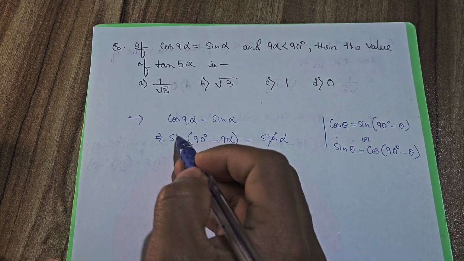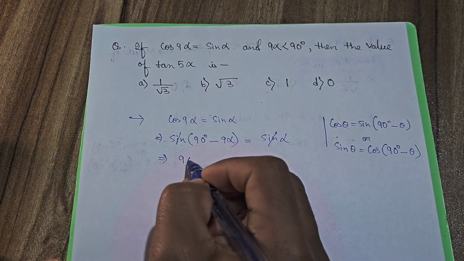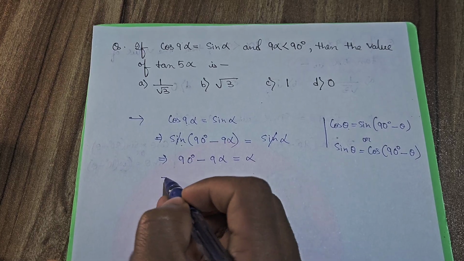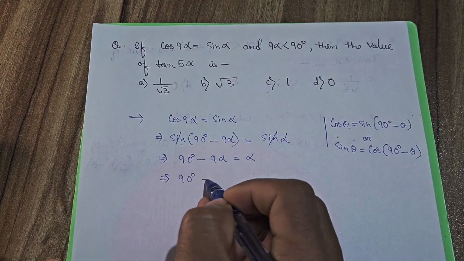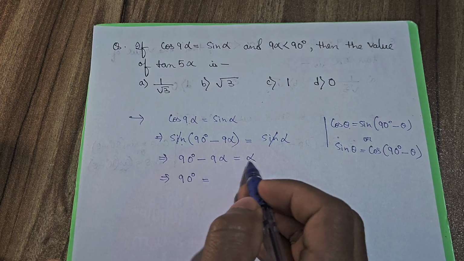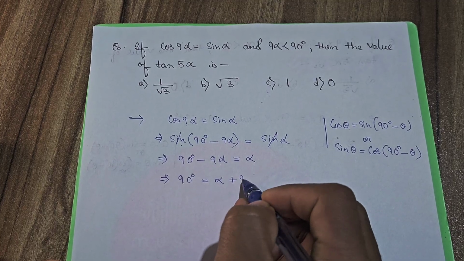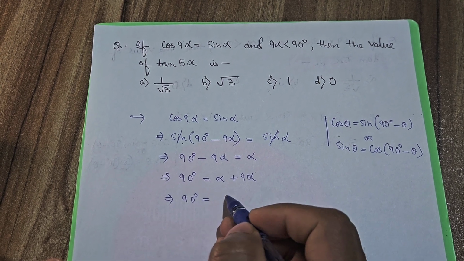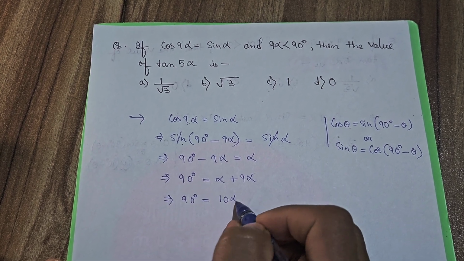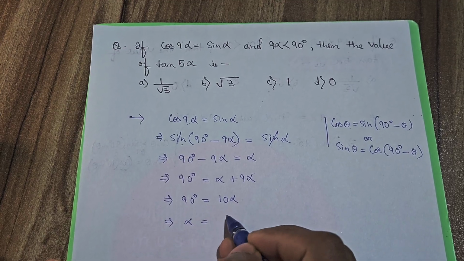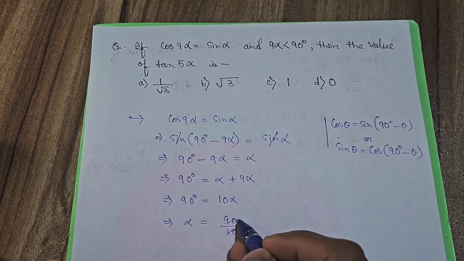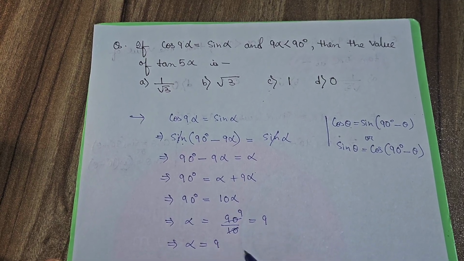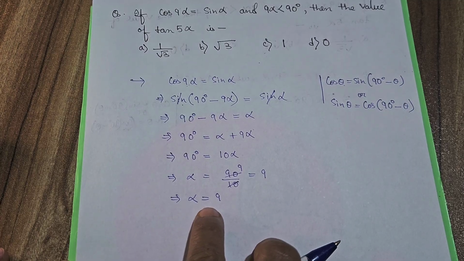So sin on both sides cancels, and what is remaining is 90 degrees minus 9 alpha equal to alpha. Then if we take minus 9 alpha to the right hand side, alpha plus 9 alpha, which will give 90 degrees equal to 10 alpha. Then alpha is equal to 90 by 10, which will give alpha equal to 9 degrees. So we have got the value of alpha.